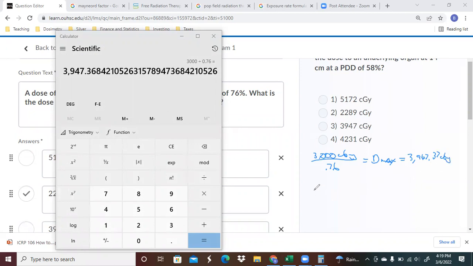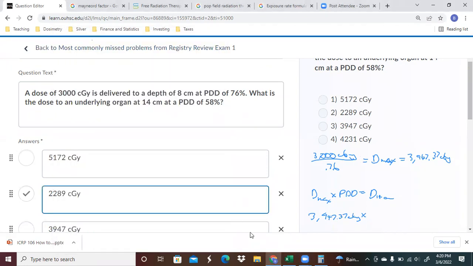Now, the question is, what is the dose at 14 cm? So that means basically 3,947.37 centigray multiplied by, oh, what's the number here? 58%.